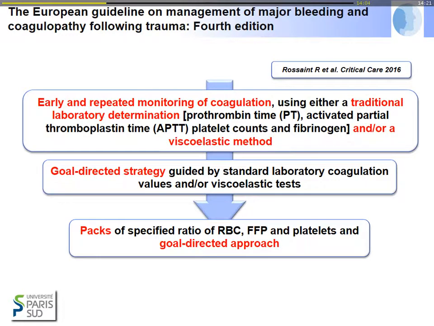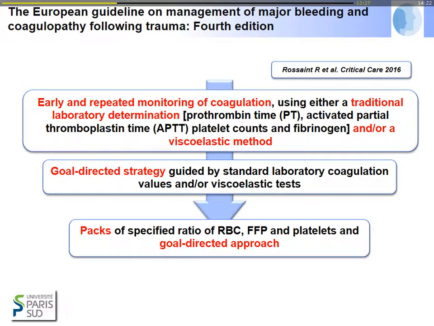If we want to be very aggressive concerning restoration of coagulation, we have to monitor the coagulation at the bedside of the patient. In addition to the traditional laboratory determination, more and more we use techniques like viscoelastic methods, which give us results very quickly, in less than 50 minutes, at the bedside of the patient.